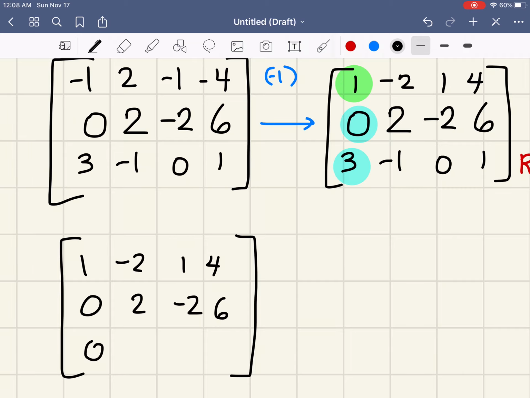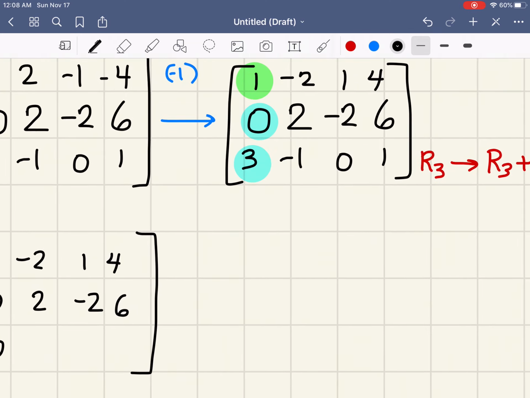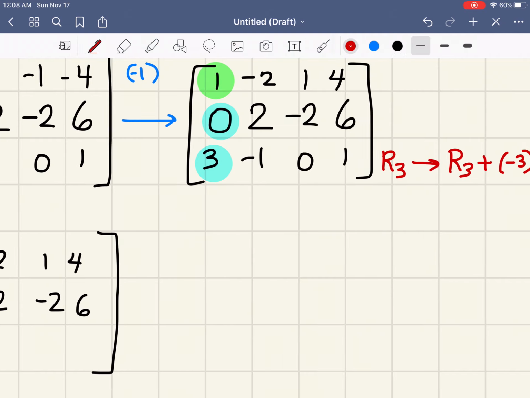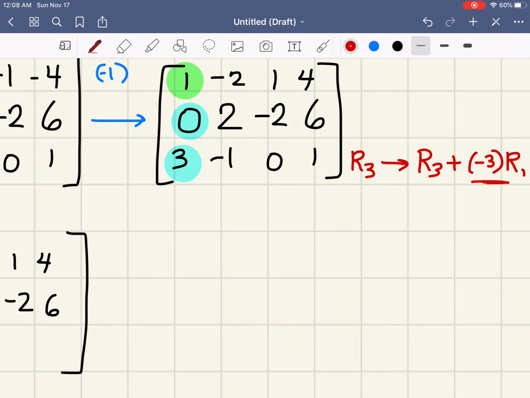Sometimes it makes it nice if I write down what this is underneath, so I like to do negative 3 times row 1. Here's my row 1, and I want to do negative 3 times all of that and write it down here. So I'm going to have negative 3, 6, negative 3, negative 12.